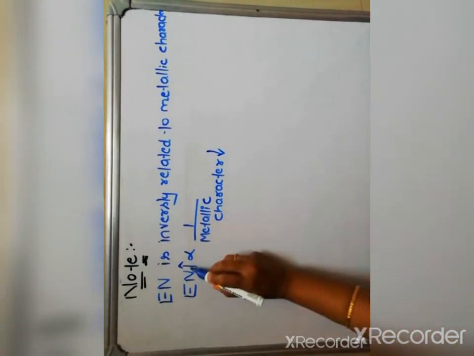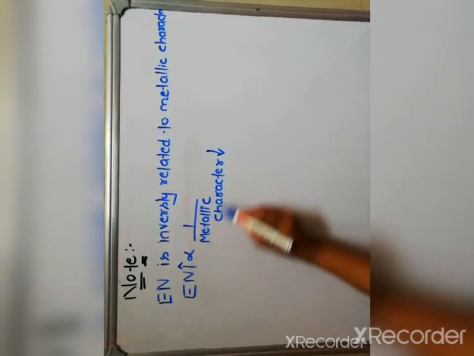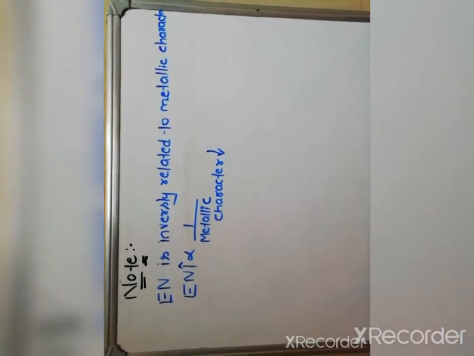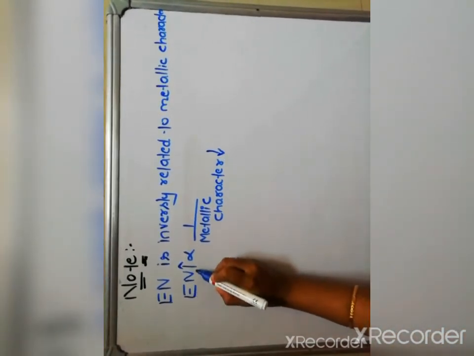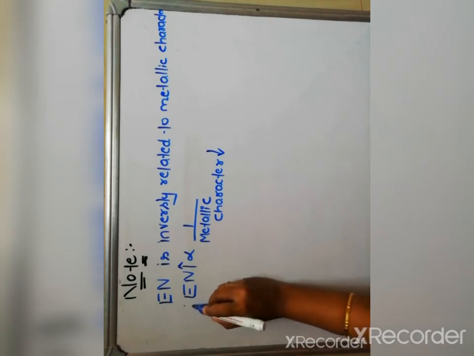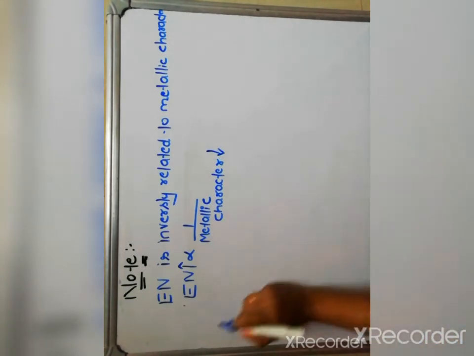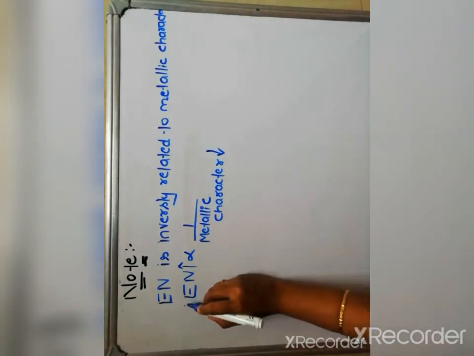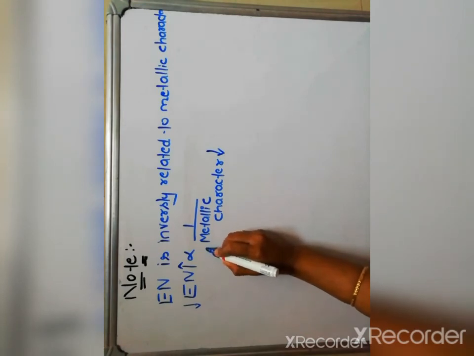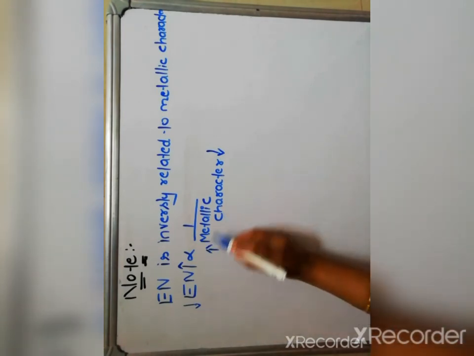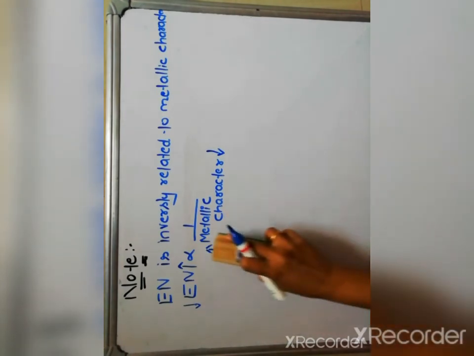Because they are inversely proportional to each other. If one increases, the other decreases. At the same time, if electronegativity decreases, then metallic character increases, right? So this is said to be inversely related to each other.